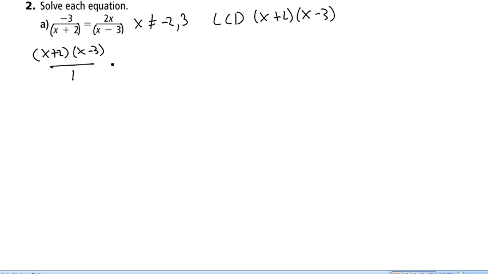So there's x plus 2 times x minus 3 times our left side. I put brackets on that top negative 3 so you don't get confused and think it might be a minus 3.